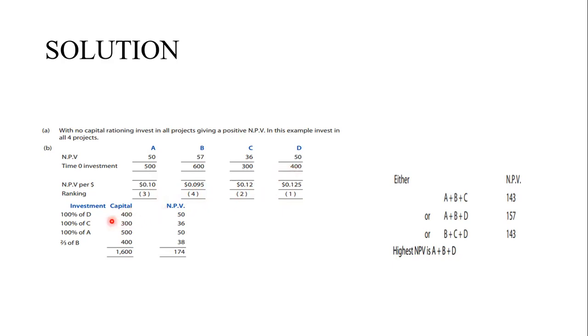With C, we push all 300. And then with A, we push what? All 500. So that would have given us 400 plus 300 plus 500.